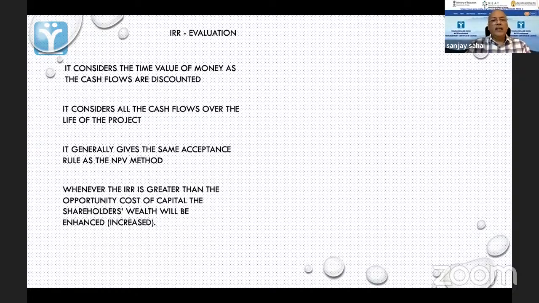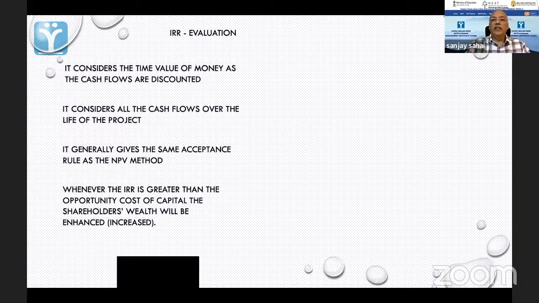And whenever IRR is greater than the opportunity cost of capital, the shareholders' wealth will be enhanced. So this is the basic point. I need to invest in projects where my internal rate of return is more than the opportunity cost of capital. If it is more, if my predictions are correct, I will end up increasing the wealth of my shareholders.